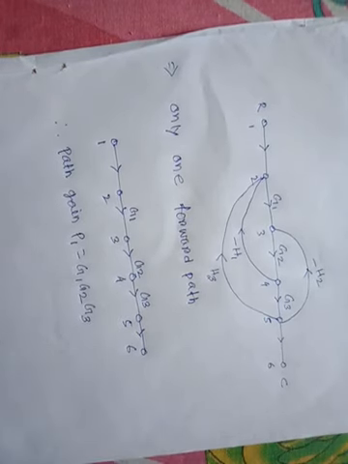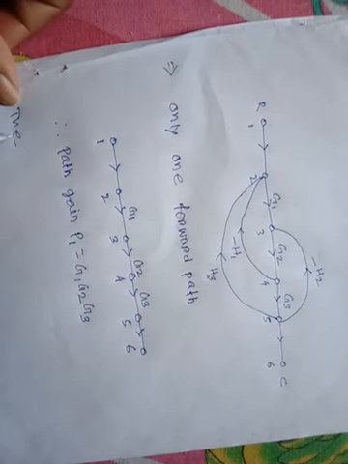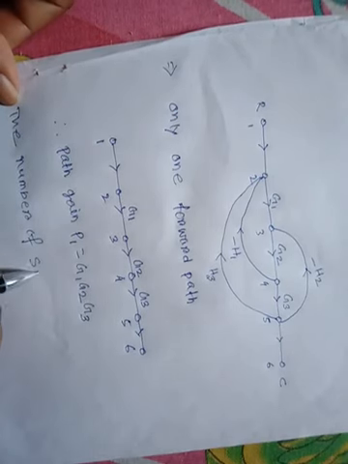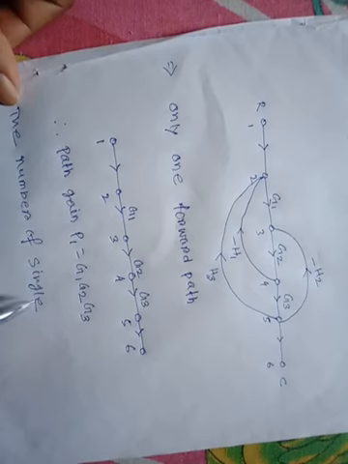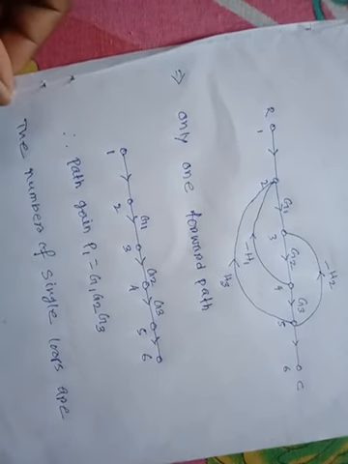Second step, we'll see the number of loops. Here the number of single loops is 3.